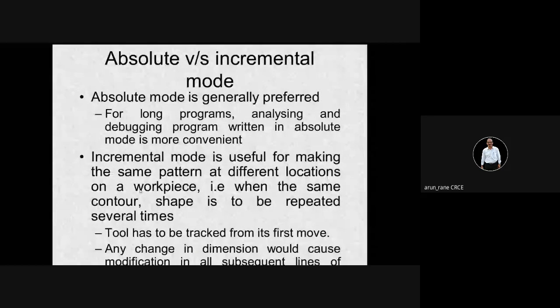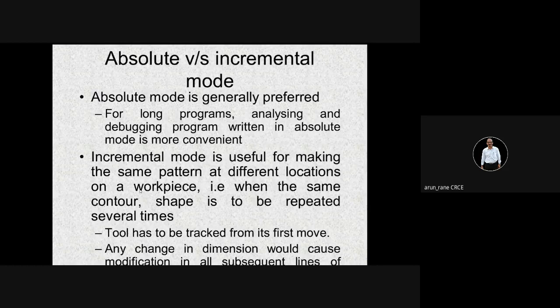If it is for 2 marks, then you have to define what is absolute and incremental. Just now I told you that absolute means with respect to some fixed position, incremental means with respect to the previous position. Then the second point of difference: absolute is given by G90, incremental is given by G91.